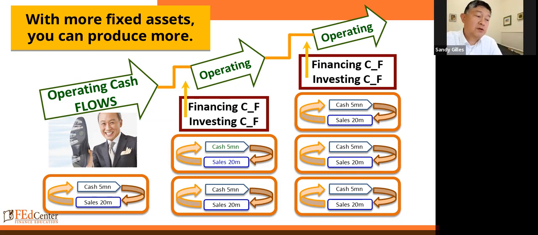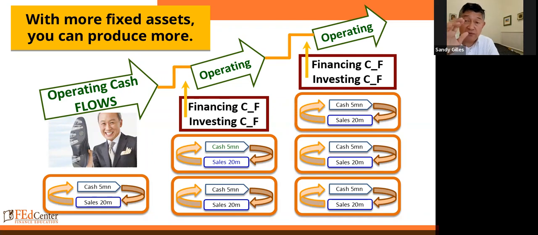So in the middle, you have 2 cash cycles of 5 million in cash moving to sales of 20 million. Over on the right side, you increase the financing by raising more capital and invest it into a 3rd factory.